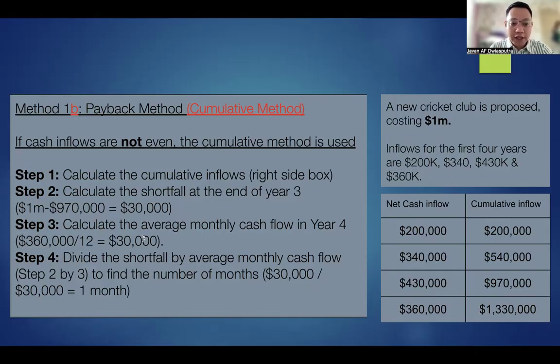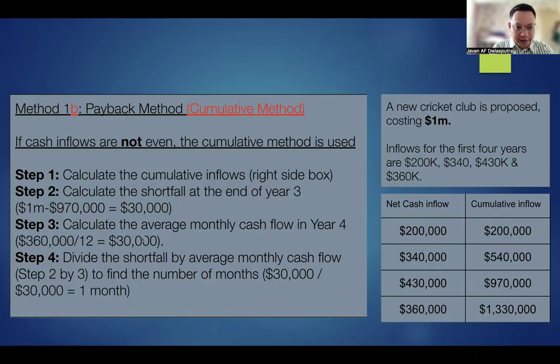To find the monthly cash inflow, $360,000 is divided by 12 months, which gives $30,000 per month.